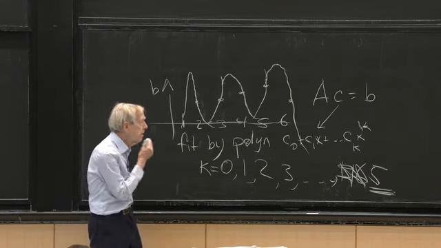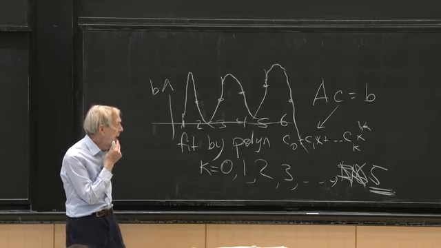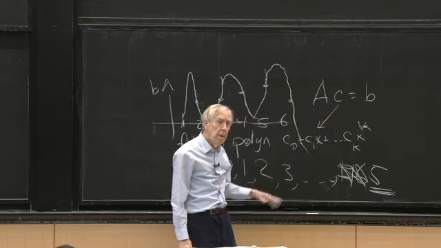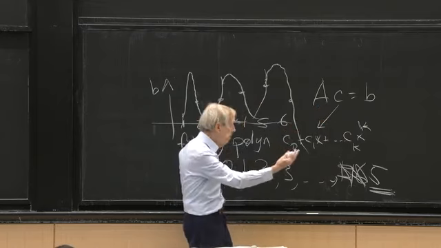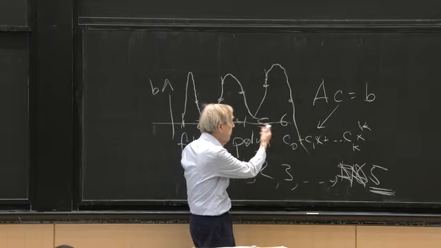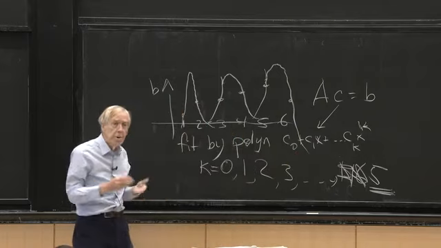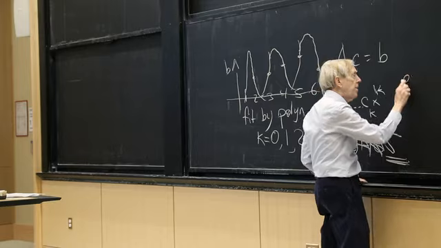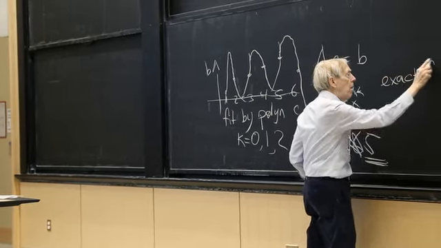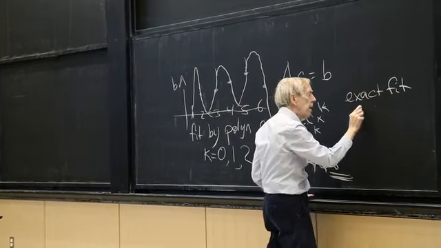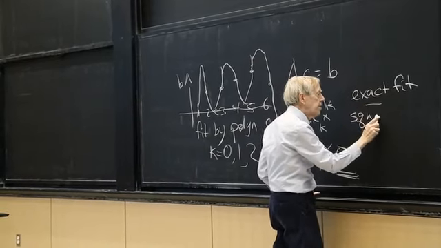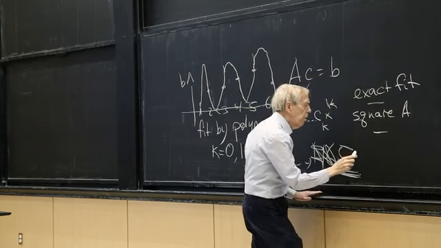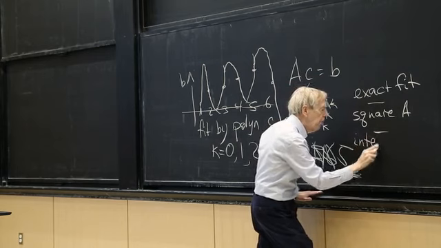So that's what Model 1 is about. And just to make one final comment, that matrix A has a name in the case where it's a square matrix, where you're fitting exactly. Interpolating would be the word. So that exact fit corresponds to square matrix A, and the word for it is interpolation.